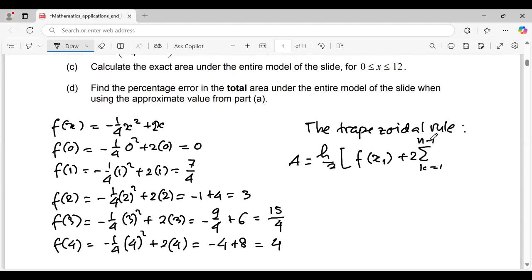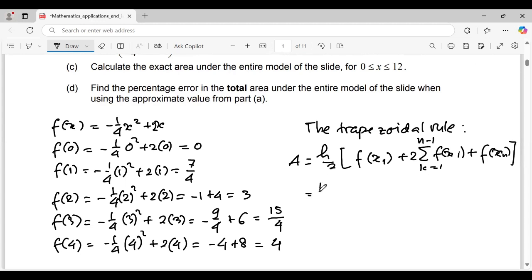It means n is 4, so it means 3: 1, 2, 3. f(x_k), plus f(xn). This one.